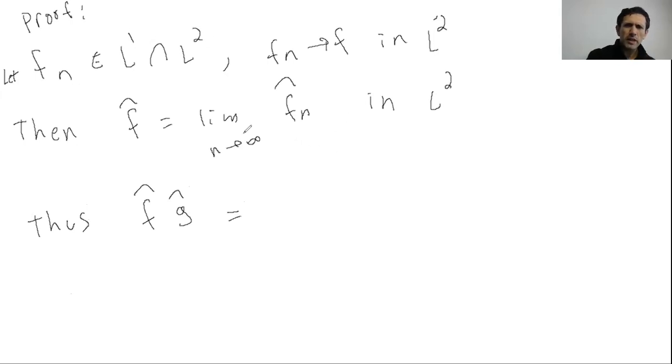Because we have convergence in L^2, first of all, I should mention that g is in L^1, so its Fourier transform is in L^infinity. f is in L^2, so its Fourier transform is in L^2. There's no issue with this product. It's a product of an L^infinity function and an L^2 function, which is L^2.